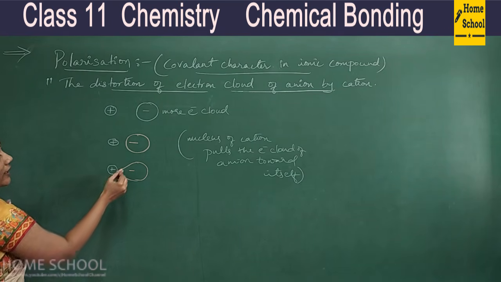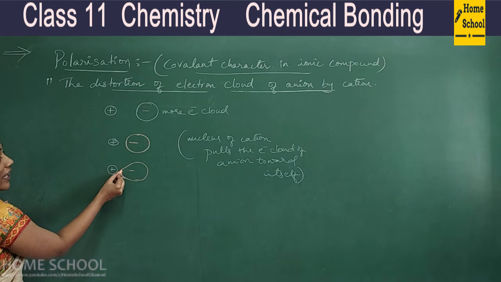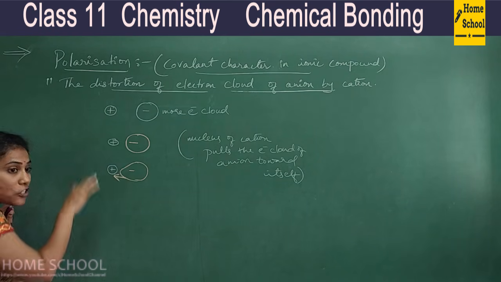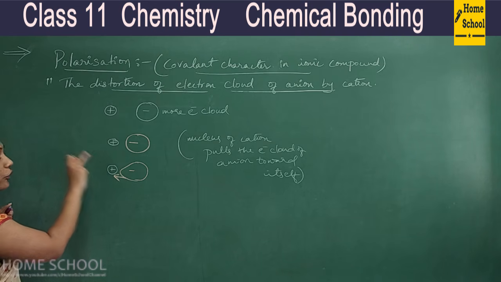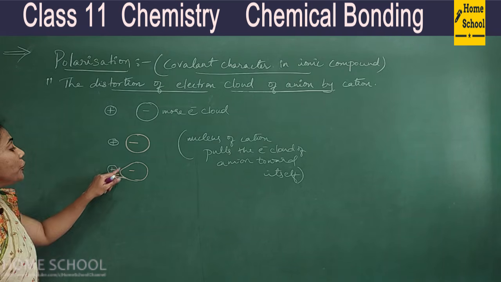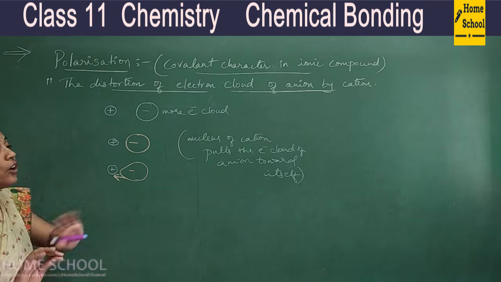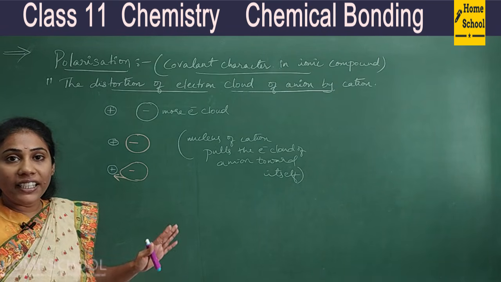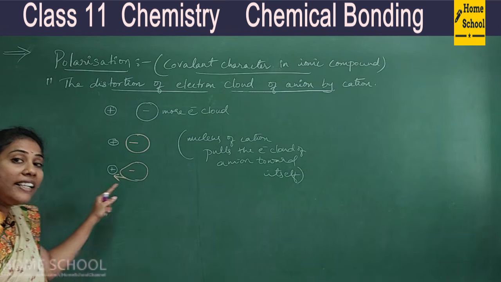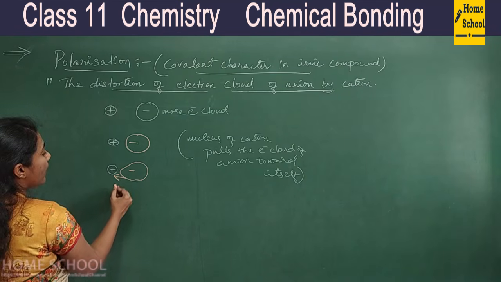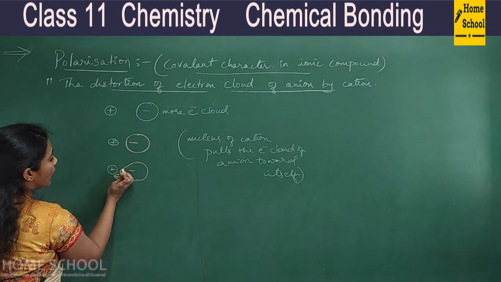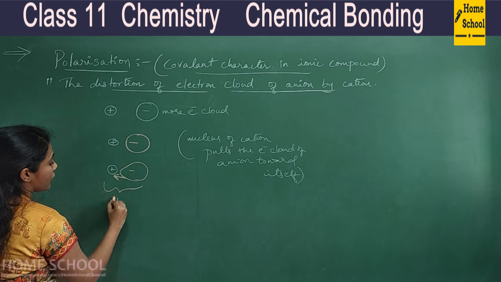Distortion in the sense what? The electron cloud of the anion is moving, it is distorted, it is getting deviated towards the positive cation. Due to this distortion, ionic character got deviated, and slightly covalent character is seen in the compound. So this is what we call polarization.